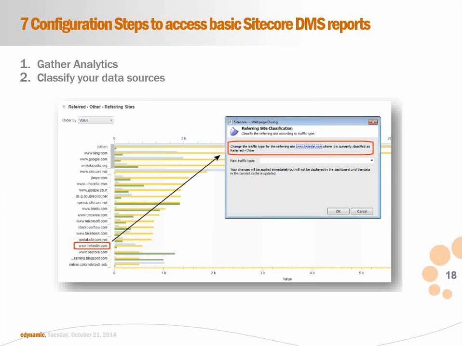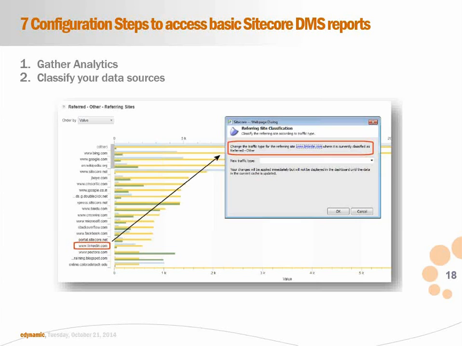The first step is really to gather your analytics. The first step in effectively configuring your Sitecore DMS is to do a little background research in Sitecore and find your dashboards and configure an executive dashboard. As silly as it sounds, finding your Sitecore data is really the first step in effectively configuring your dashboards.